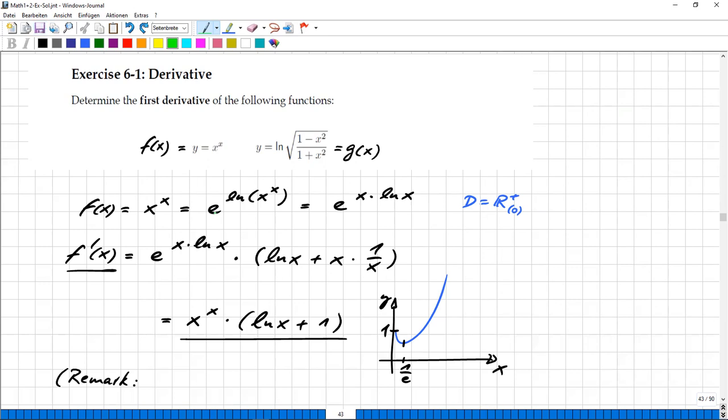Now look what we get. We get e to the power of ln of what we have, and what we have is x to the power x. Now we can apply the famous third rule of logarithms, where you remember that we are allowed to take the exponent inside the argument as a factor, which means we just pull it before the ln.